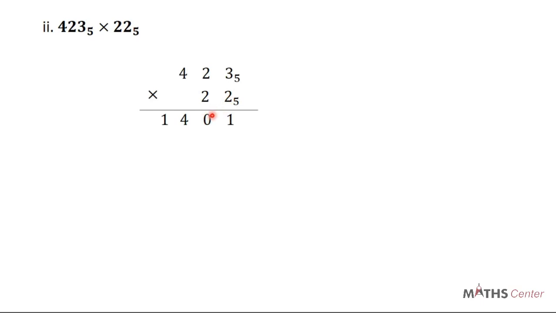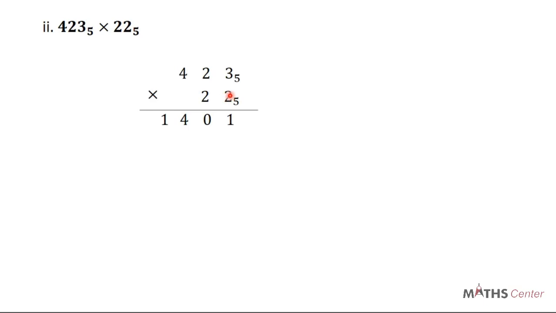So you write 0 as the remainder, you carry the 1 forward. Now 2 times 4 will give us 8. You already have a remainder which is 1, you add that to 8, you are going to get 9. 9 in base 5 is going to give us 1 remainder 4, as we have it here.